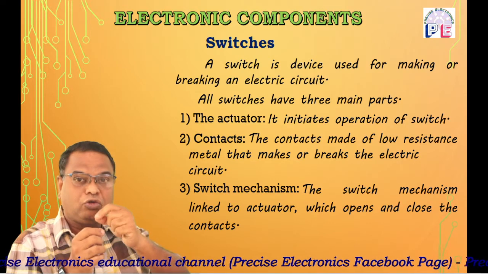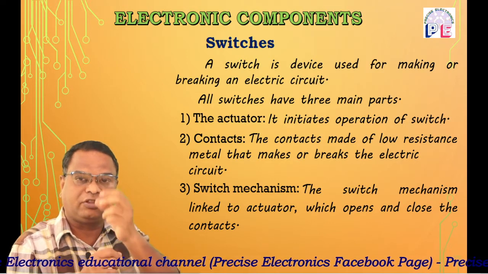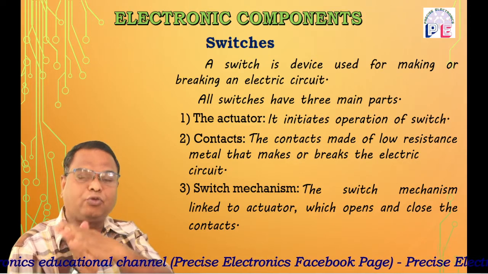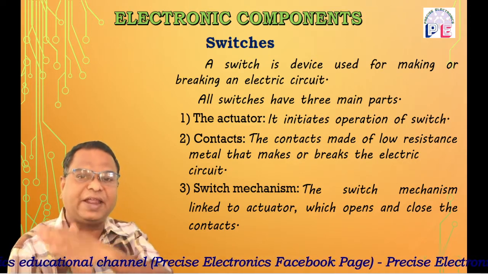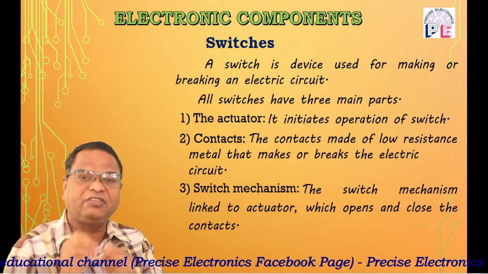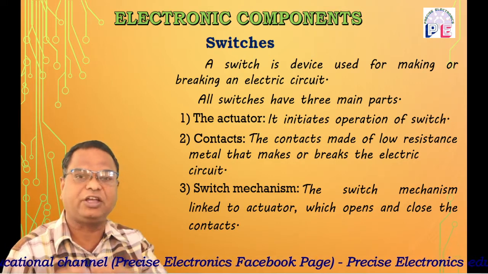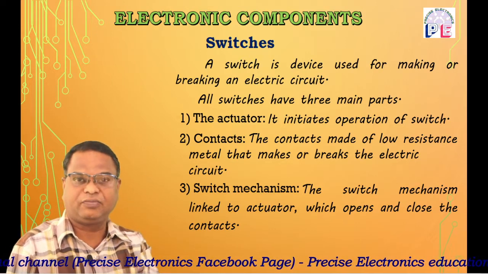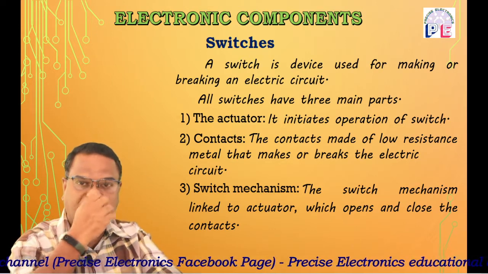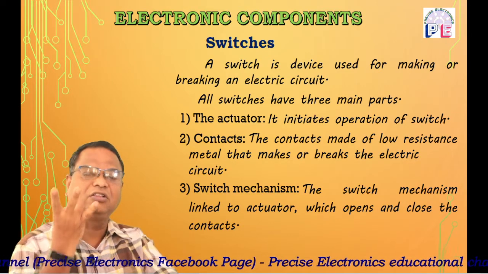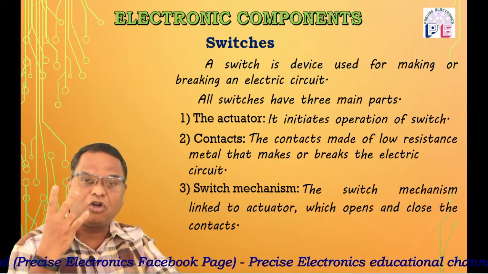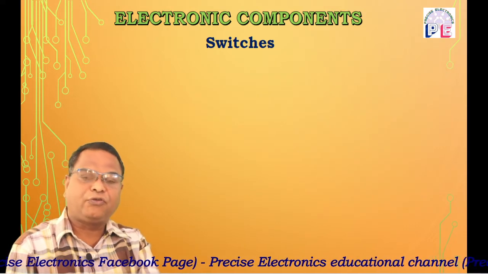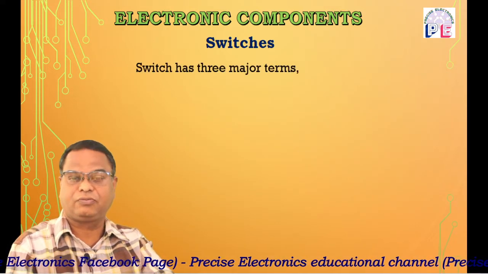When we change the position of the switch, the mechanism connects the contacts with the circuit, or breaks the contacts from the circuit. So these are the three parts of a switch: the actuator, the contacts, and the mechanism.